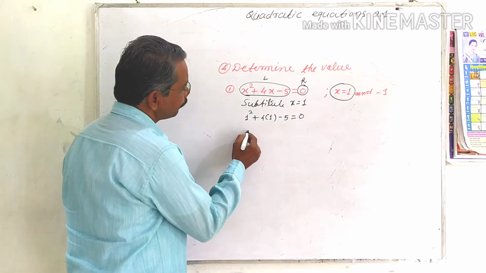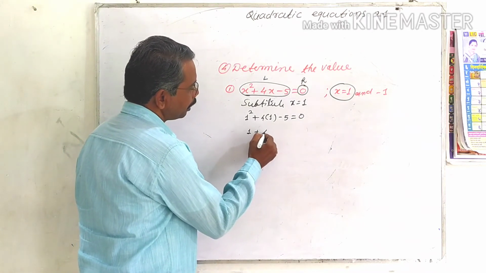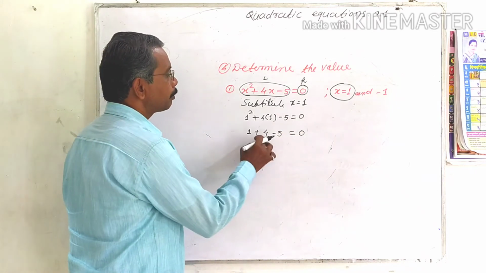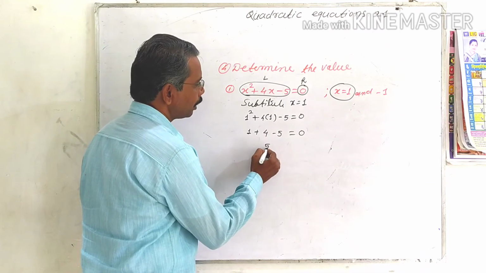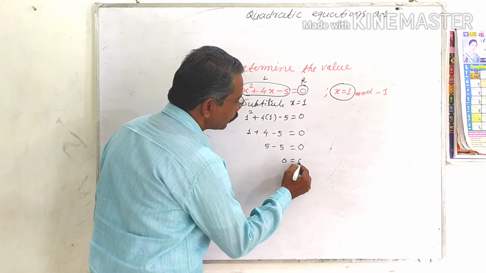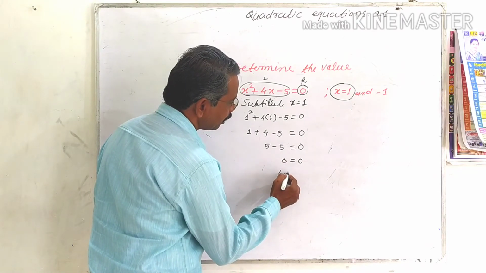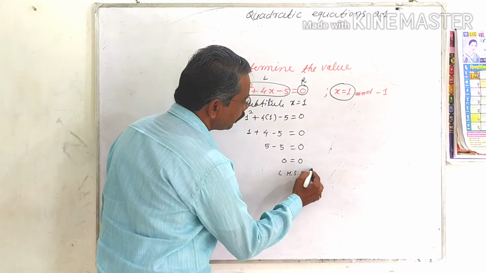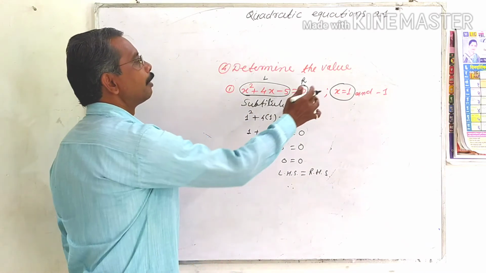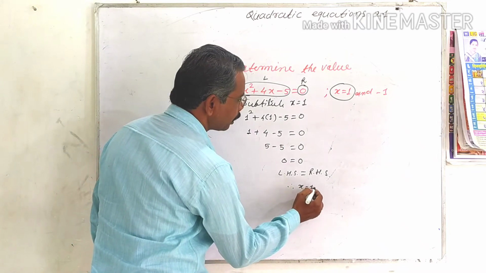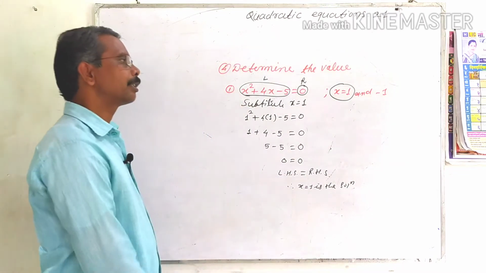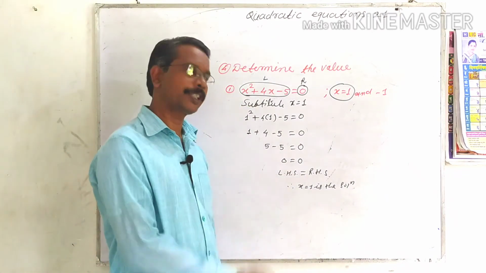Now solve it. 1 plus 4 minus 5 equal to 0. 1 plus 4, 5, minus 5, 0. 0 equal to 0 means left hand side equal to right hand side, and hence x equal to 1 is the solution, the correct value of this equation.